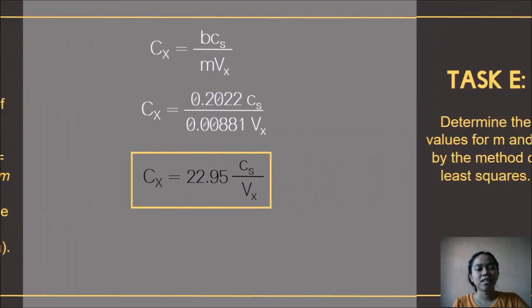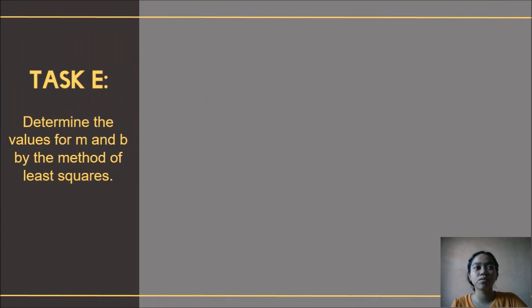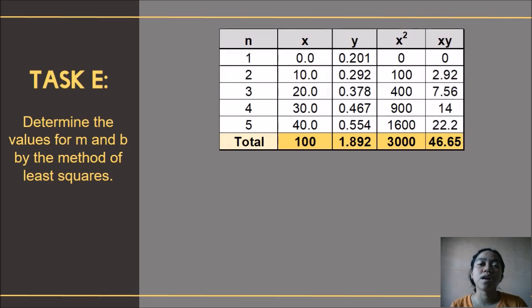Moving forward to the fifth task, we need to determine the values for m and b by the method of least squares. So I use this manual method so that we can understand how Excel gave us the equation of the line of the graph earlier in A. Here, n is just the number of samples that we have, x is the volume of standard, and y is the absorbance.